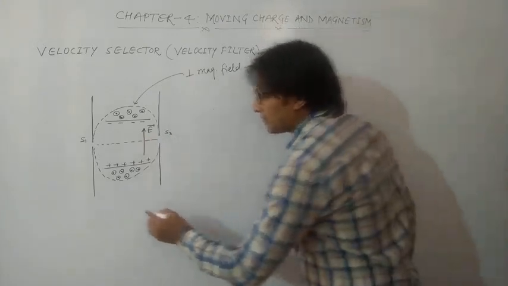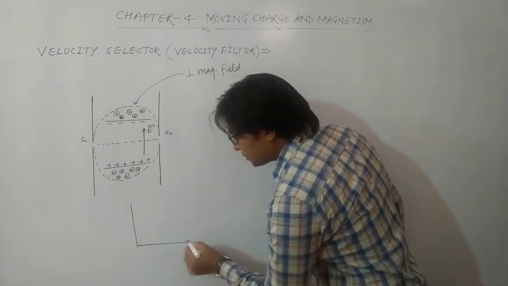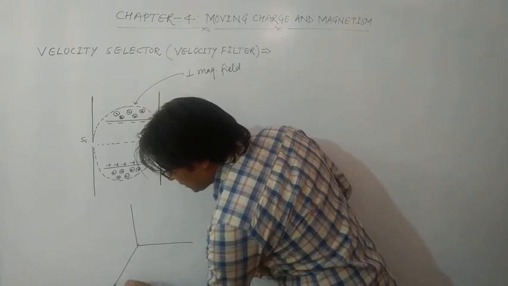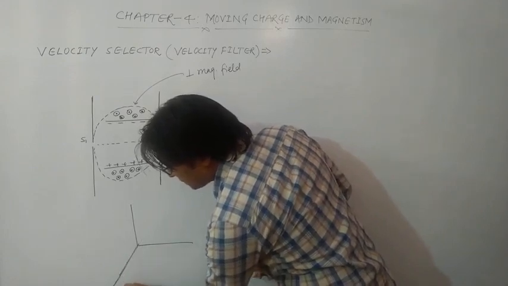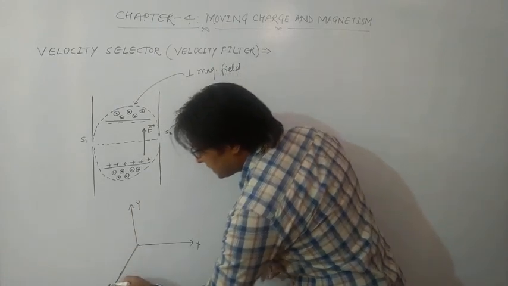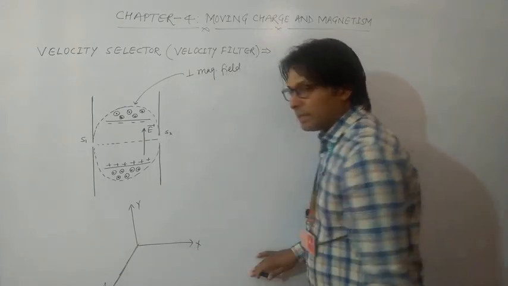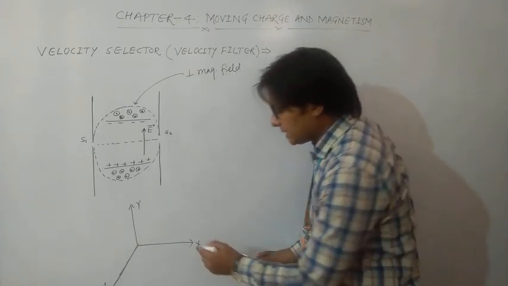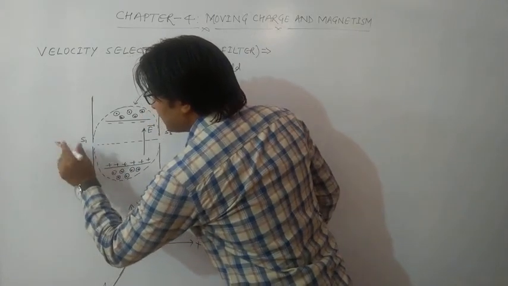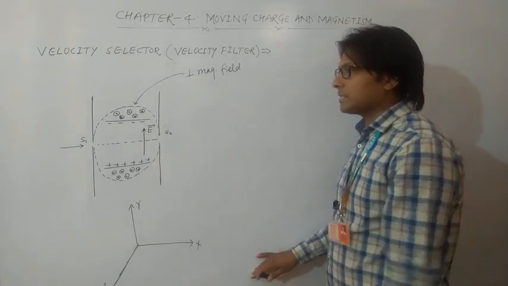So if I illustrate this diagram with the help of a Cartesian coordinate system, you can understand it in a better way. Suppose this is the x-axis, this is the y-axis, and this is the z-axis. The direction of the charged particle, or the velocity, is in the x direction. Suppose the charged particles are entering in this direction, which we have considered as positive x direction.